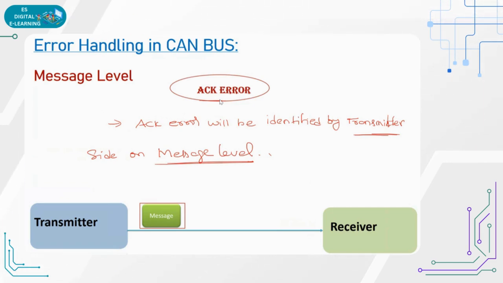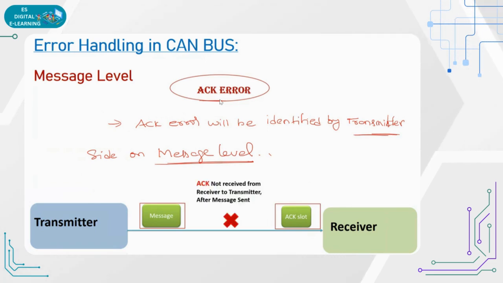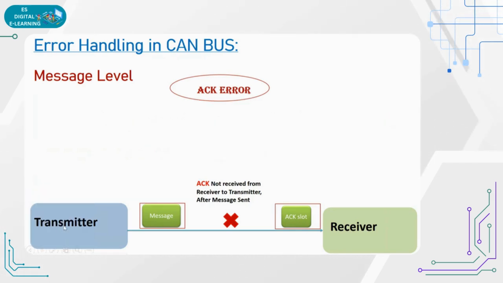So the transmitter will give the acknowledgement error, saying that I didn't receive the information. So when acknowledgement is not received from the receiver after the message is sent, we will get the acknowledgement error. That will be based on the acknowledgement slot.